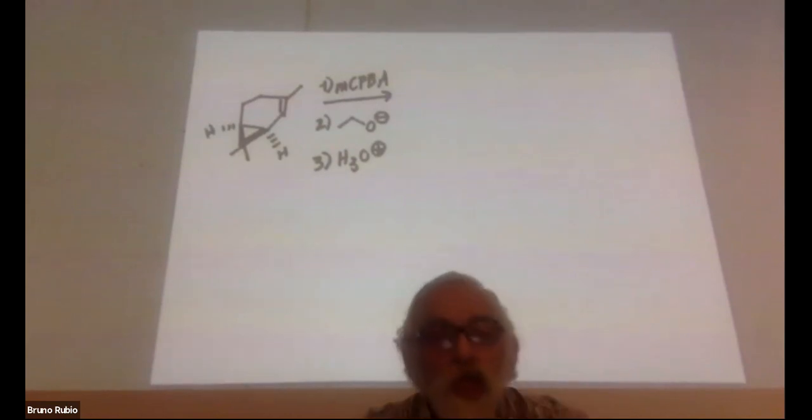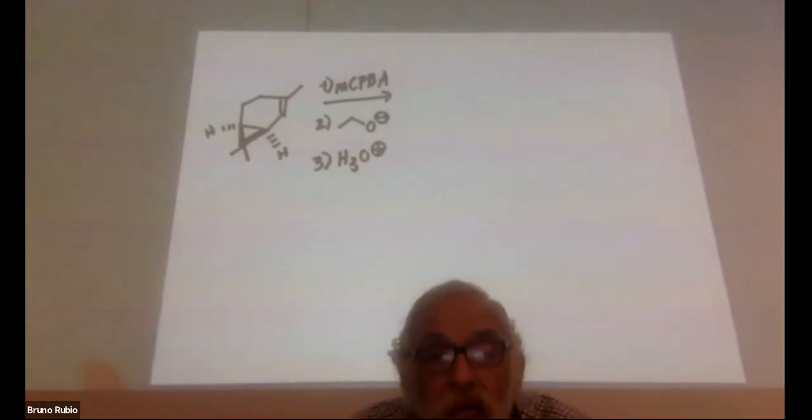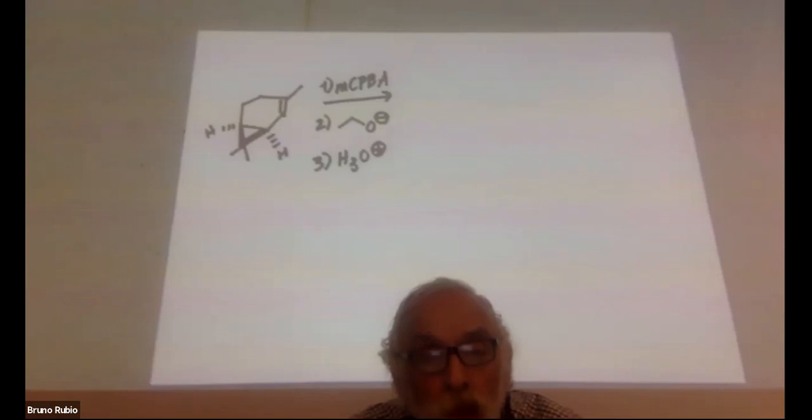Okay, so what happens in step 1? Step 1 is the creation of the epoxide using a peroxy acid, the most popular peroxy acid, MCPBA. That is going to put the epoxide oxygen on the less hindered side.